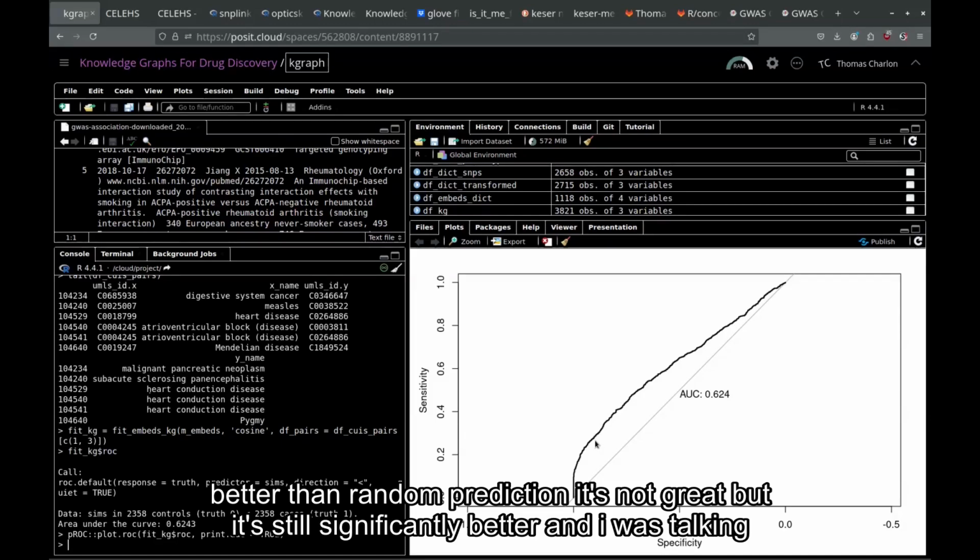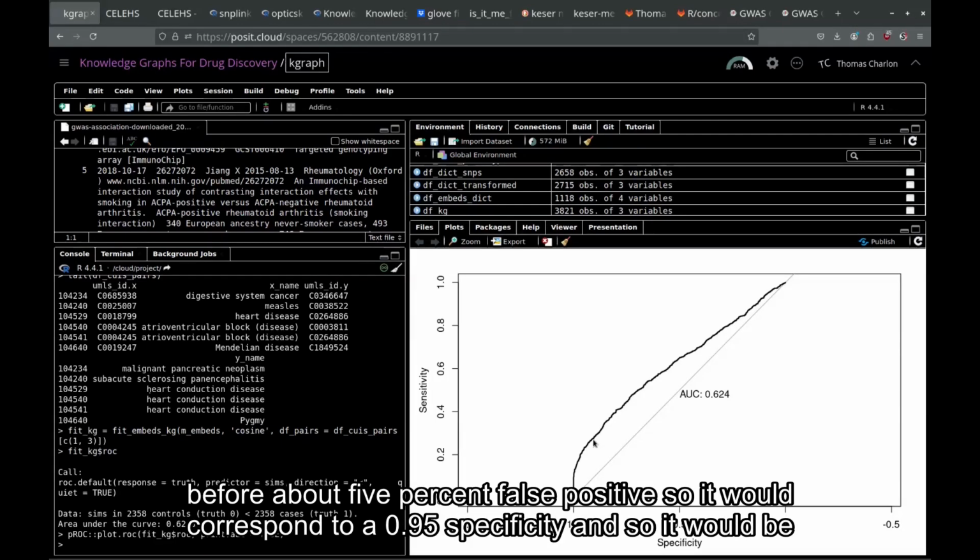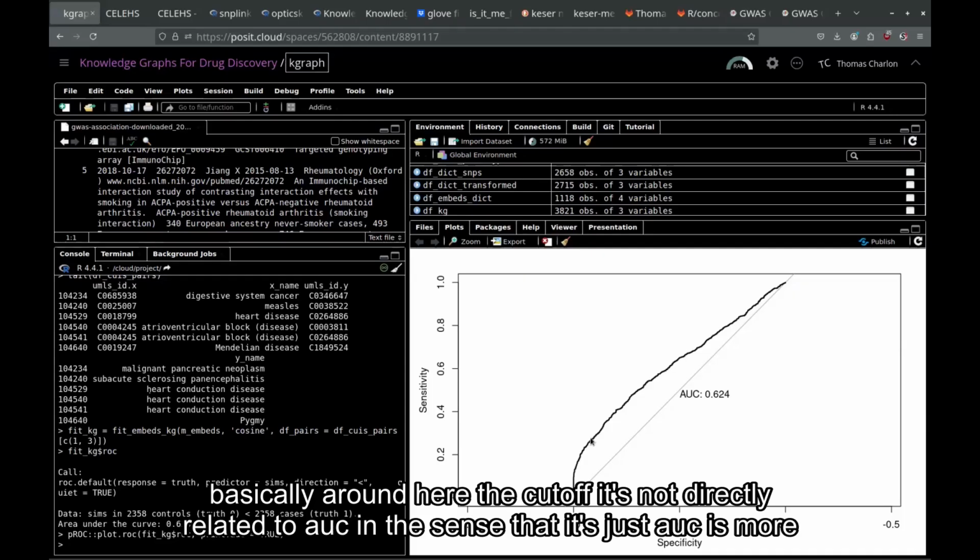And I was talking before about 5% false positive. It would correspond to a 0.95 specificity, and so it would be basically around here, the cutoff. It's not directly related to AUC in the sense that AUC is more global.